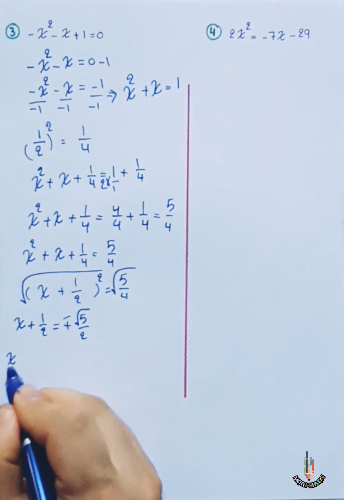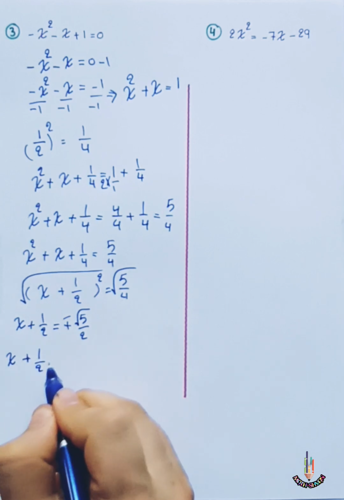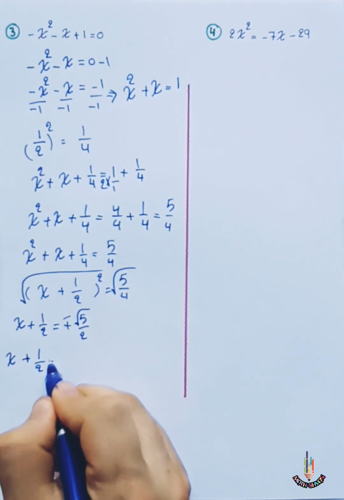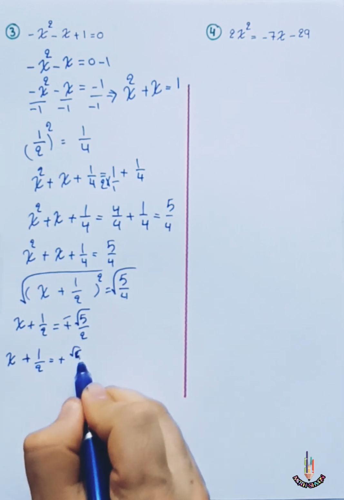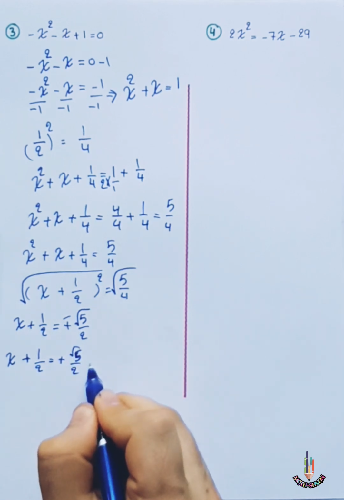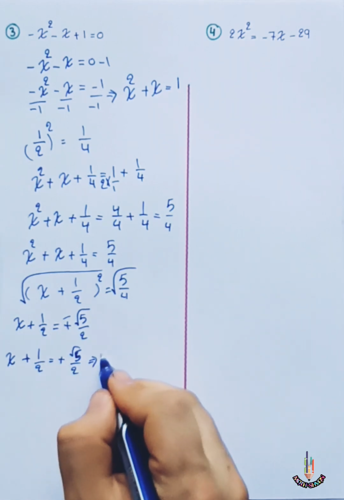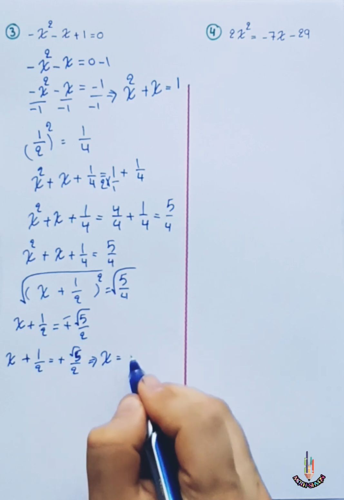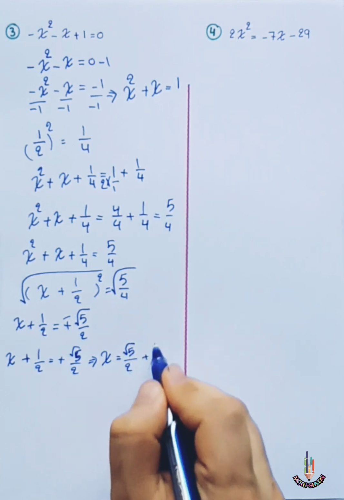After that, x plus 1 out of 2 equal to positive square root of 5 out of 2. So you have to move the positive 1 out of 2 to the right side, so x equals the square root of 5 out of 2 plus 1 out of 2.